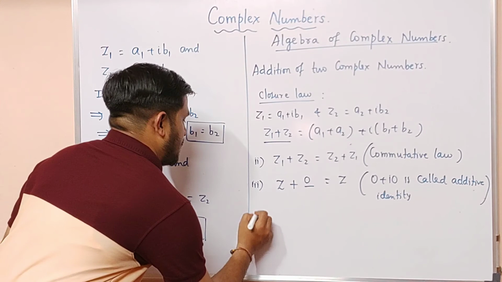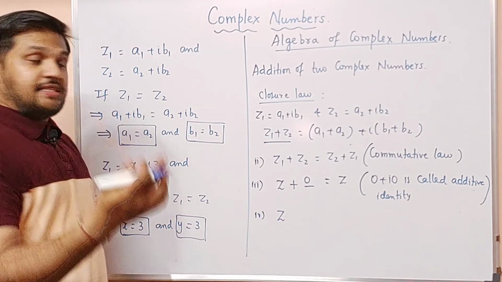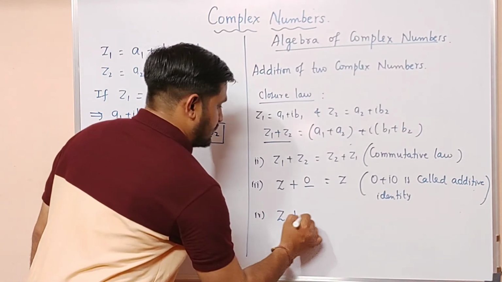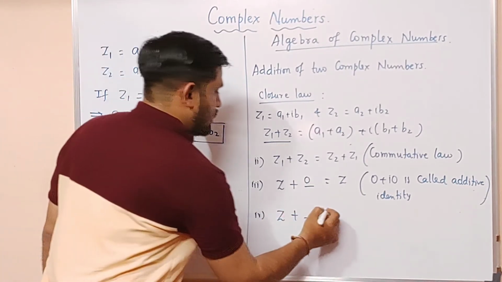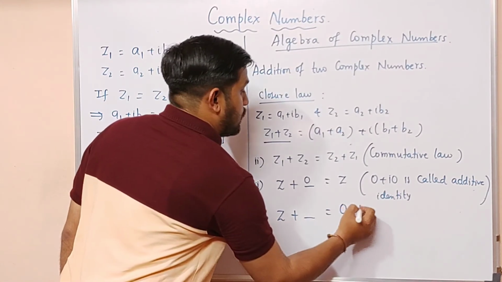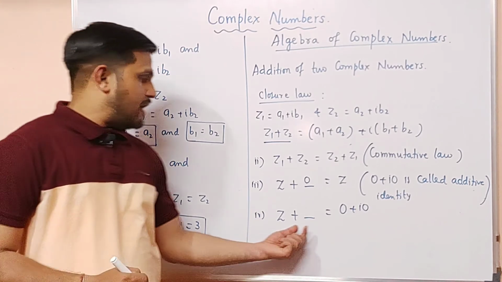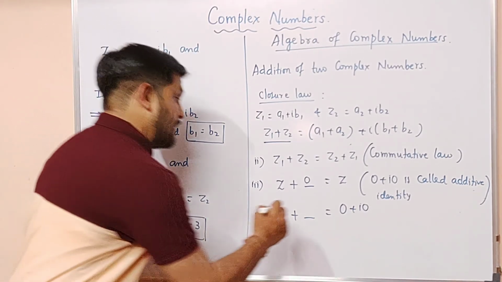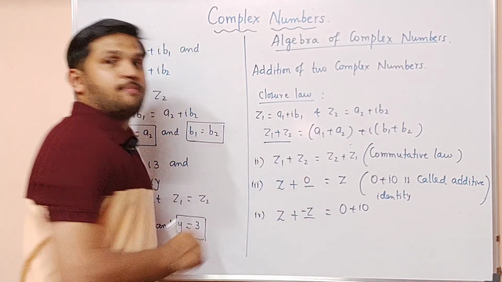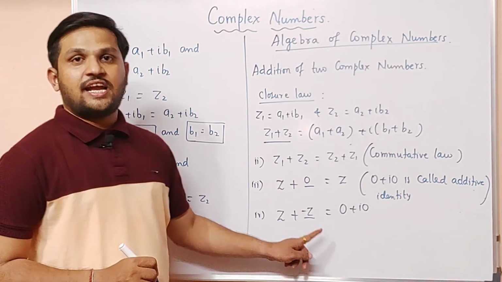The next property is, given a complex number z, there exists another complex number such that when you add these two complex numbers, you get 0 plus i into 0. Can you identify what that complex number is? It has to be the negative of the complex number, minus z. What does minus z stand for?